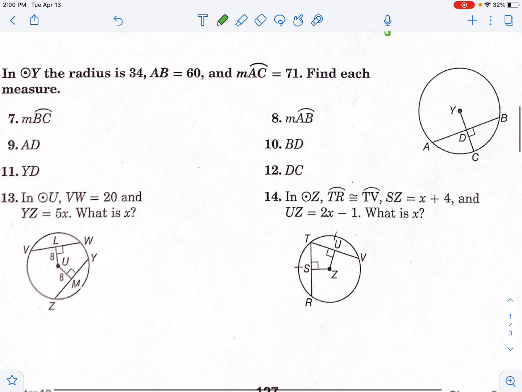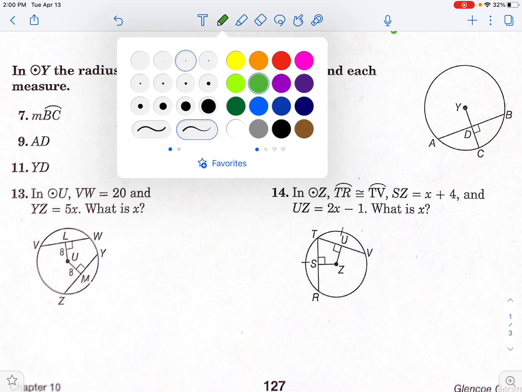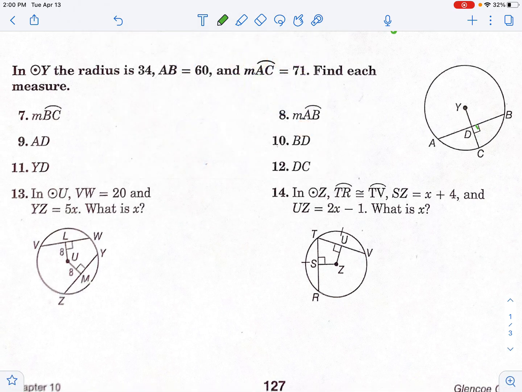Okay, on this problem, because I see a right angle, that is telling me that it splits both the line and the chord. Because it's perpendicular, it splits the chord and the arc in half.